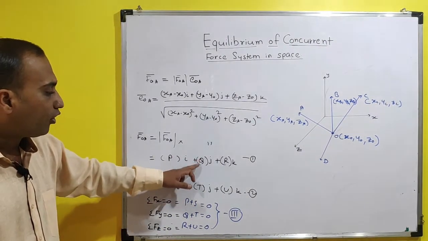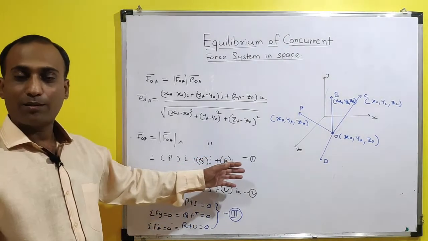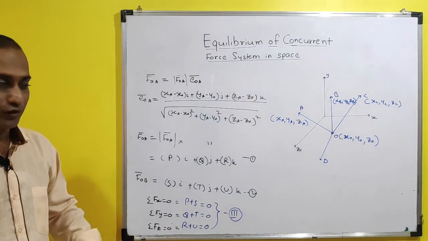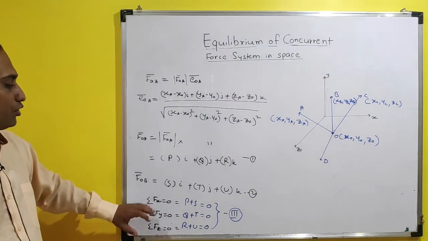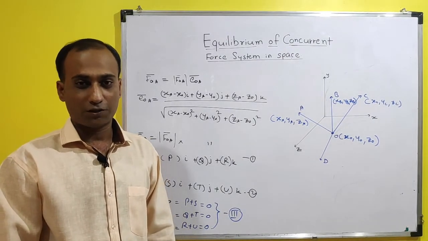Then take the summation of all the y components and equate it to 0. Similarly, take components along z direction and equate it to 0. So this is how you are going to find out the equilibrium equations for the force system in space.